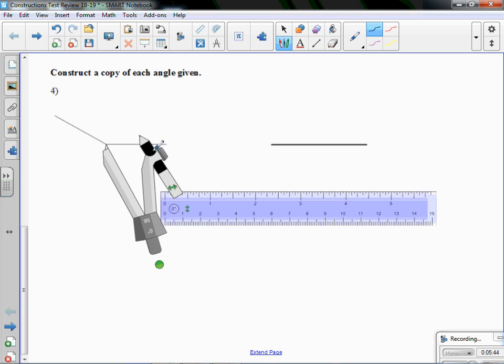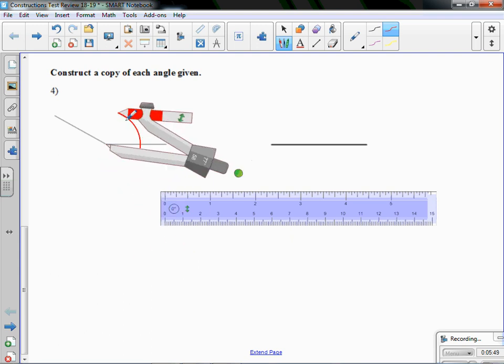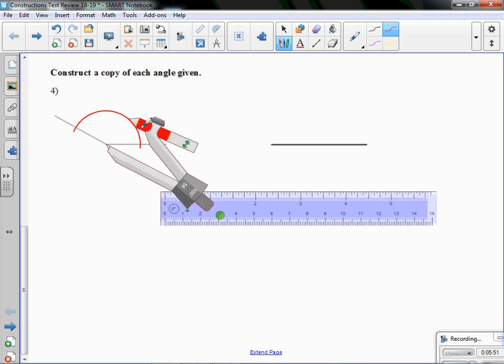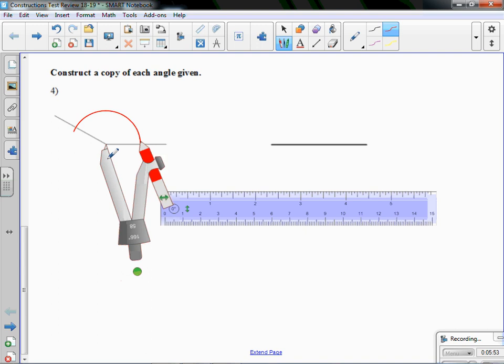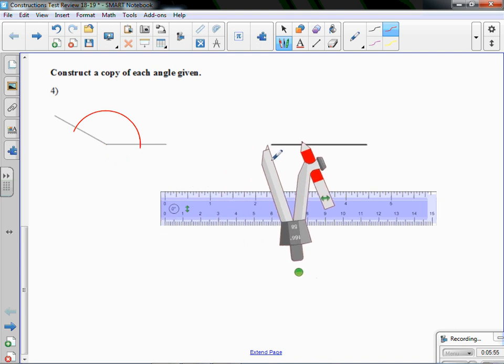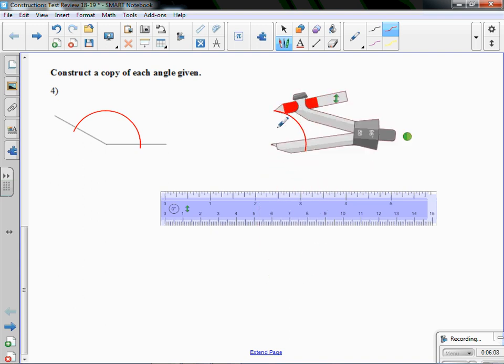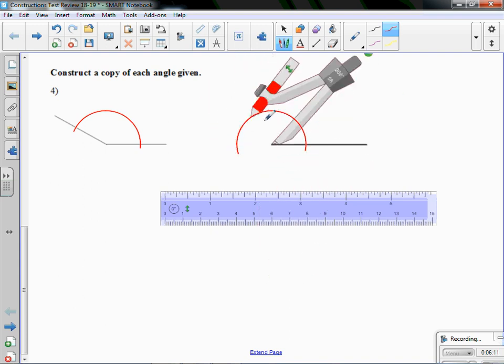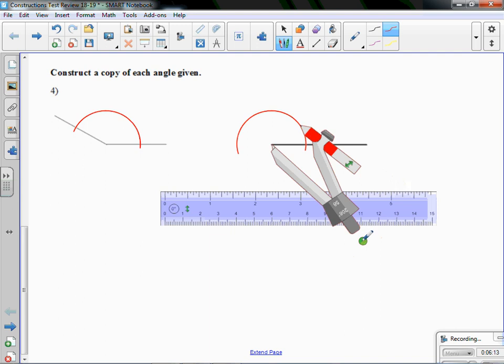And we're going to make an arc that connects the two sides, like so. Maintain that same compass setting. We're going to come over here, put the point on the endpoint of the segment that we drew, and we're going to make a similar arc, like so.